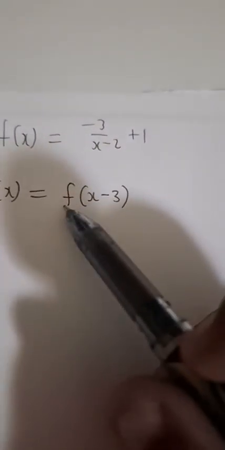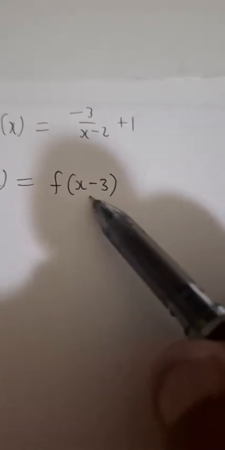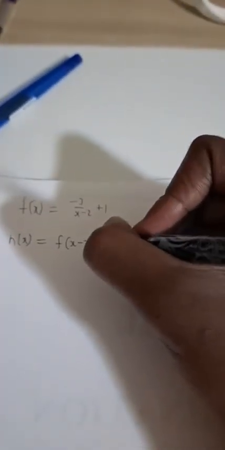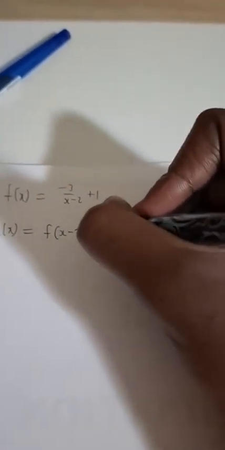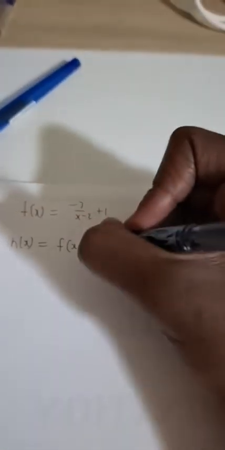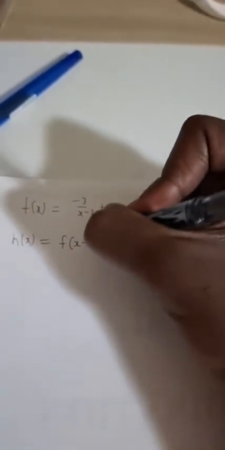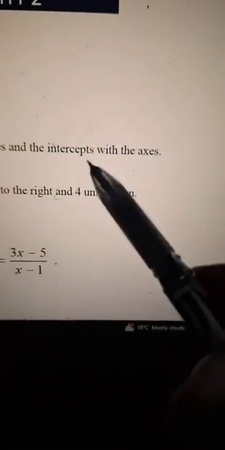So we say f of x minus 3. And if they say 4 units down, it means to the q value we are subtracting 4, not adding.